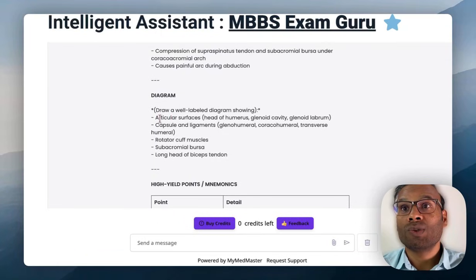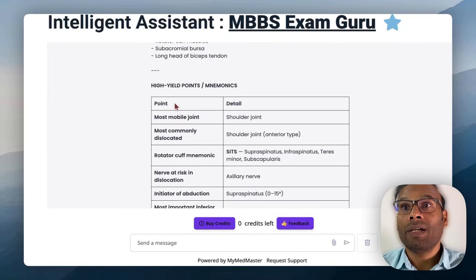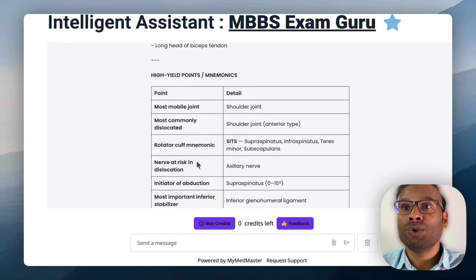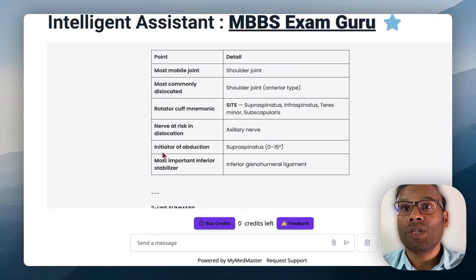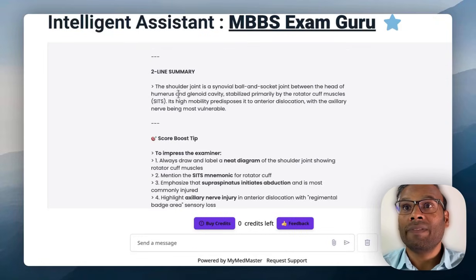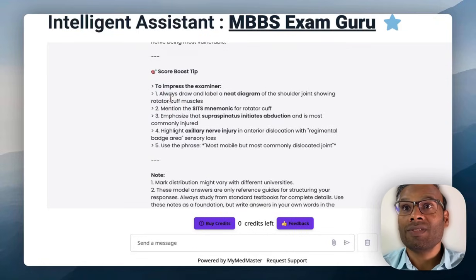So draw a diagram including these things at least. Then high yield points you should remember are the mnemonics. You should not forget this, like this: most mobile joint, most commonly dislocated, then mnemonic, then the summary, and at the last, it will give a score boost tip.